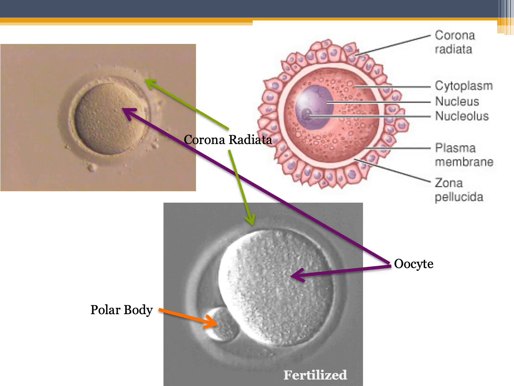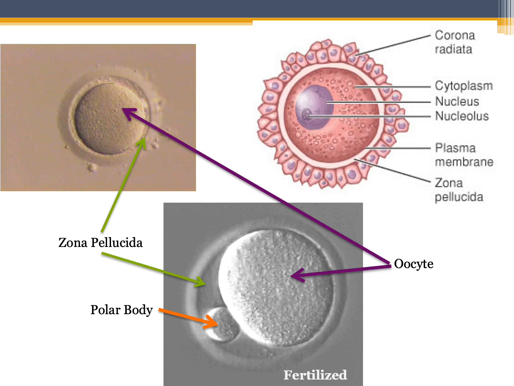The full meiotic division will not terminate until it interacts with the sperm, leading to the formation of the secondary polar body in a fertilized state. Surrounding the oocyte will be the zona pellucida and the corona radiata. These are protective cell layers.